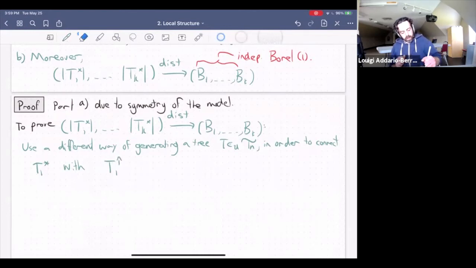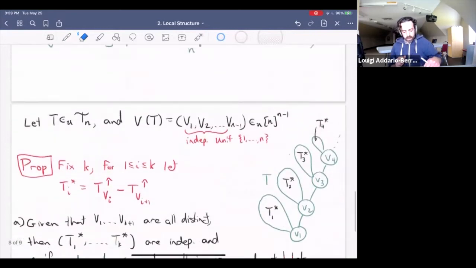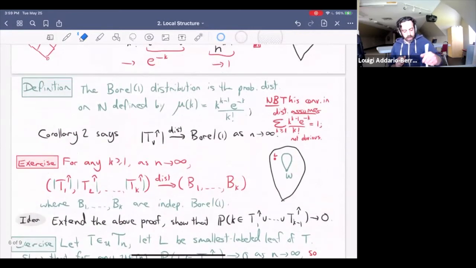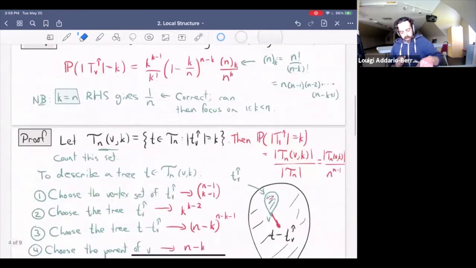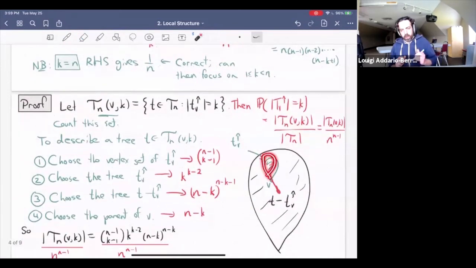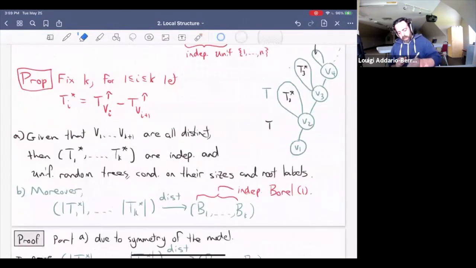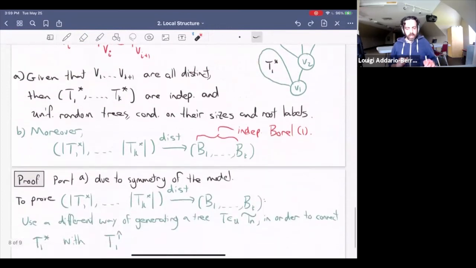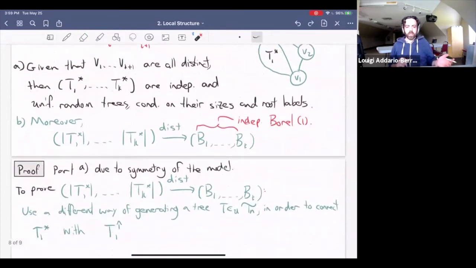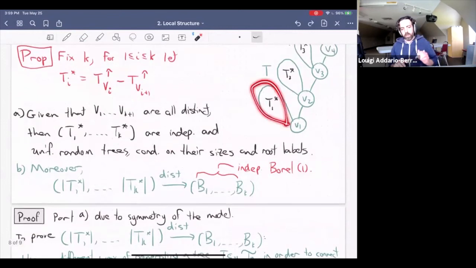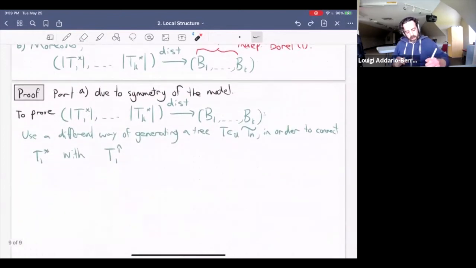So the point is that we have this existing theorem which told us that if I look at the subtree rooted at a random node, that's asymptotically Borel distributed. Now I have a theorem that says a different subtree is asymptotically Borel distributed, and I'm going to prove that by relating the subtree rooted at a random node in one tree with this subtree near the root in another tree.